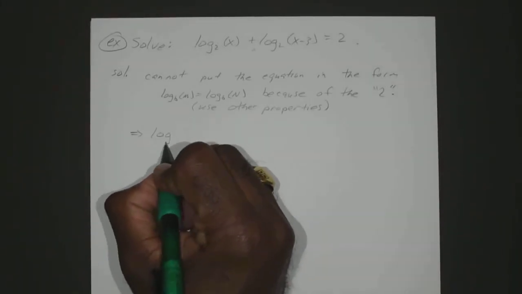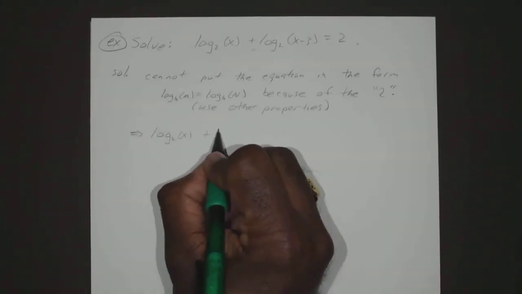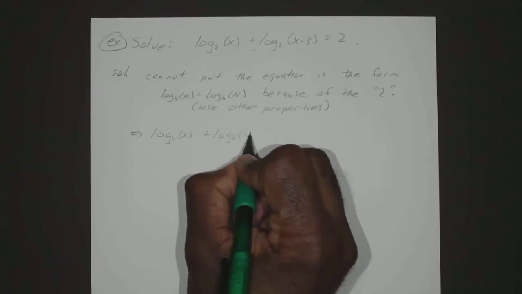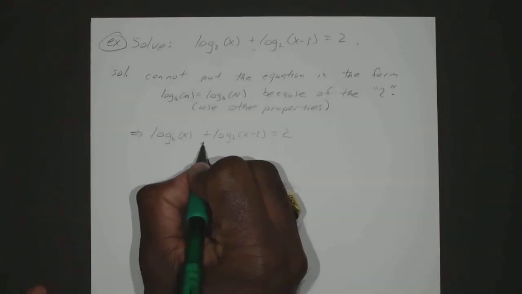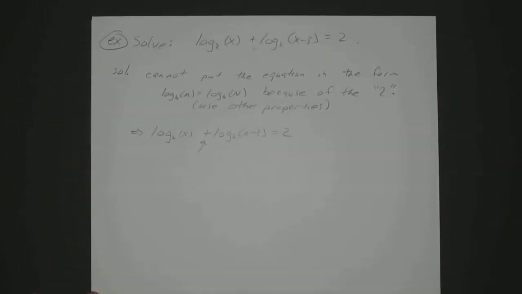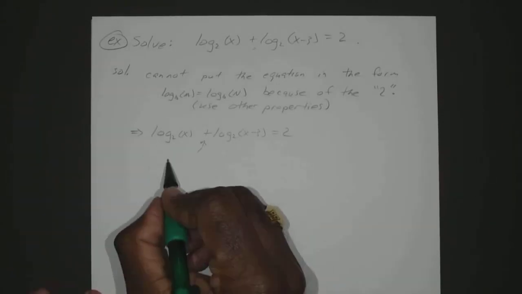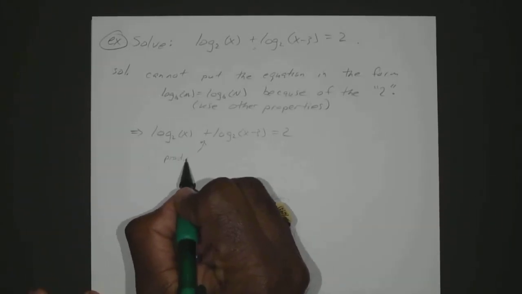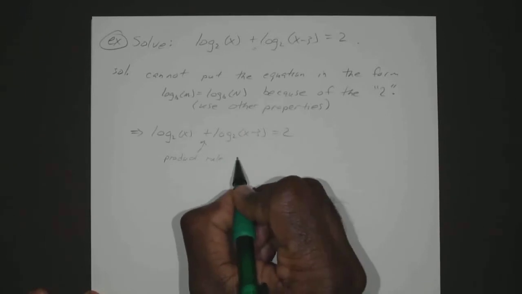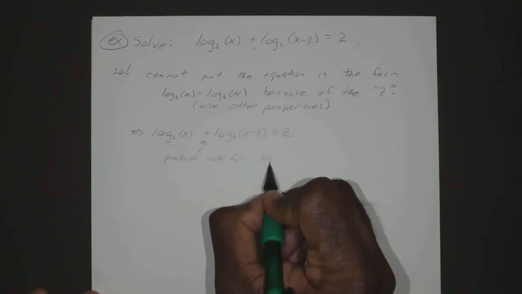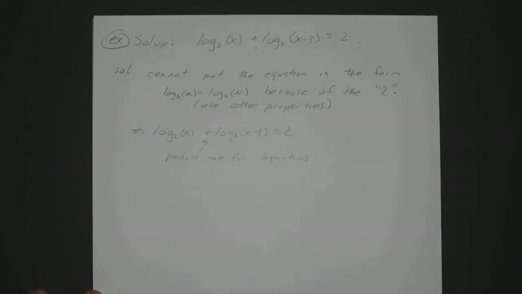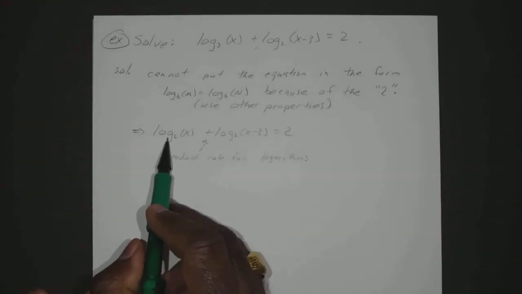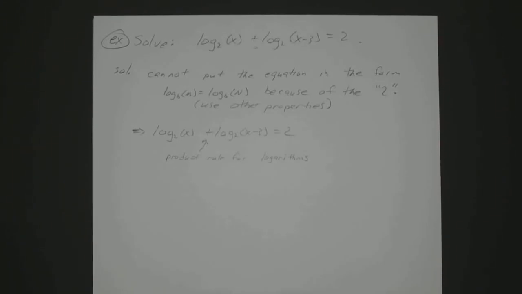So if you have log base 2 of x plus log base 2 of x minus 3 equals 2, the first thing you do is look at that plus sign. When you have the plus sign, that means you use the product rule. We have log base 2 and log base 2, so we can go ahead and combine them.